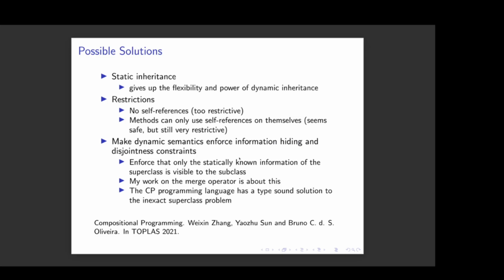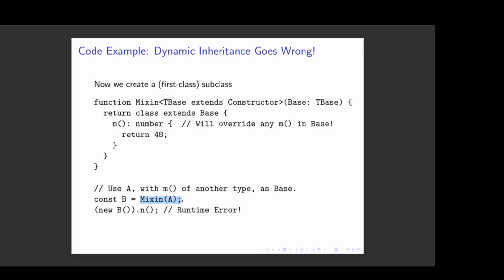If you look at, say, Racket's object system, when you're declaring a method in a class, you have to explicitly declare whether you intend to be overriding something from your superclass or not. And if you didn't do that in this example, you would still get a runtime error, but you would get it at the point when you invoke mixin rather than later on when you invoke n.